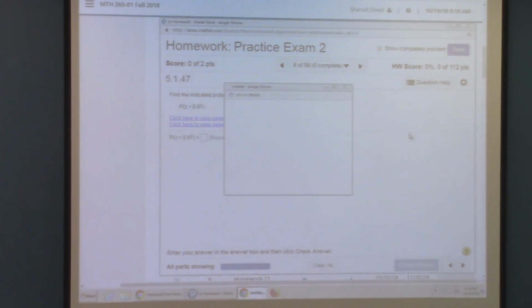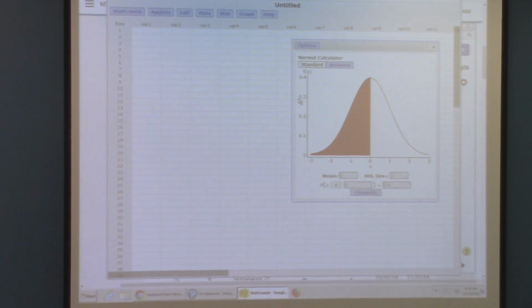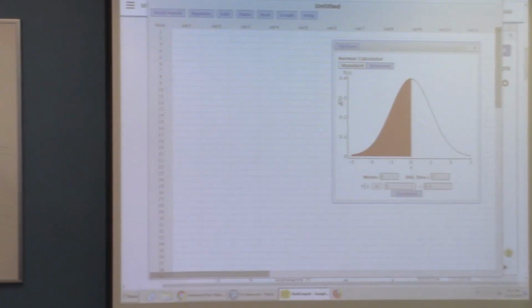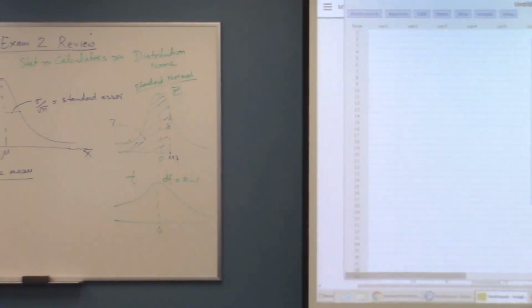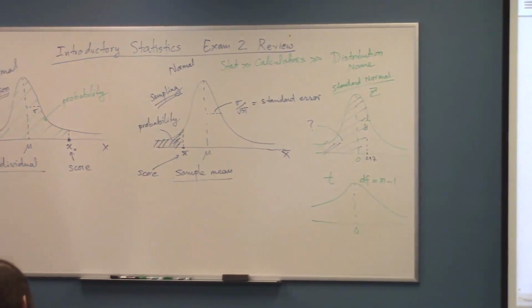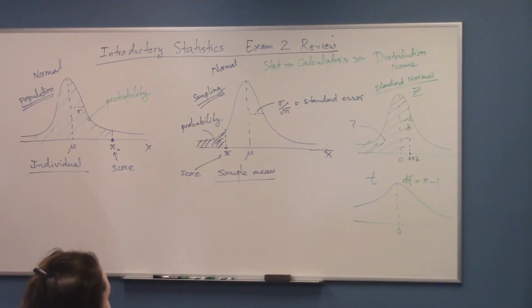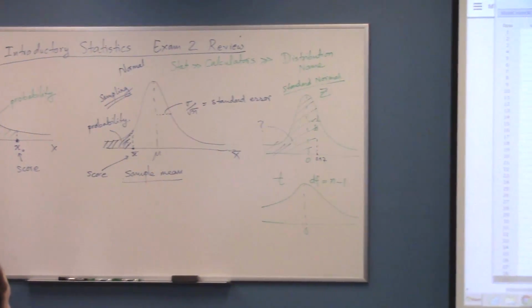Instead, go to StatCrunch, stat, calculators, and we are using normal, so go to normal, and you will see exactly this picture here. So we are looking for this blue area. On StatCrunch, it's this red area. So we want 0.97, this red part, right?